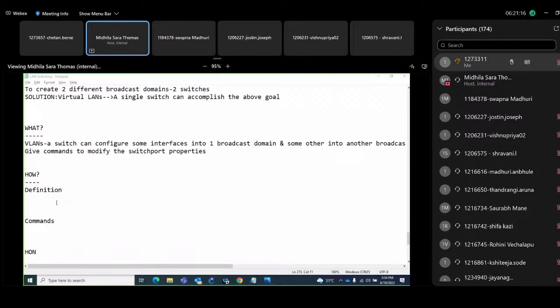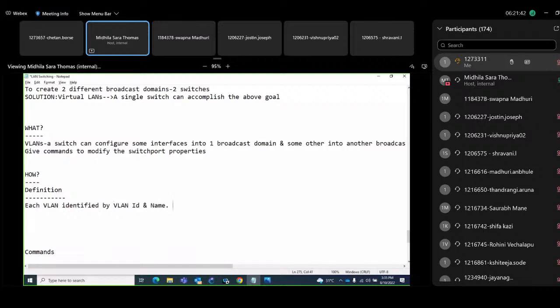Now, VLAN. Guys, listen carefully. Each VLAN. Yes, Venkat. Each VLAN is identified by how? How will you number a VLAN? How will you call a VLAN? Each VLAN is identified by a VLAN ID and name.